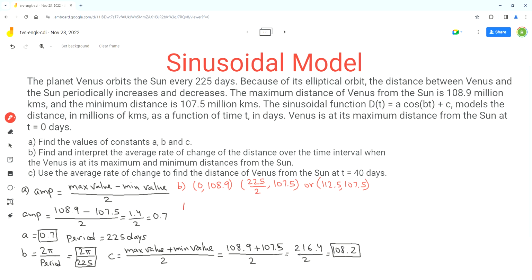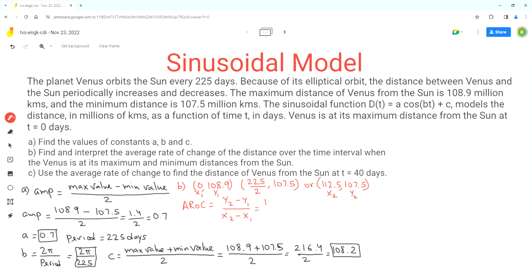For that we can use the slope formula for the average rate of change. We can label the first point as x1, y1 and the second point as x2, y2. The average rate of change formula is y2 minus y1 over x2 minus x1.